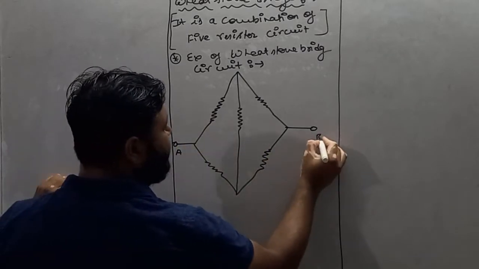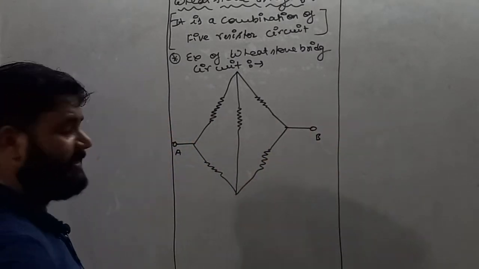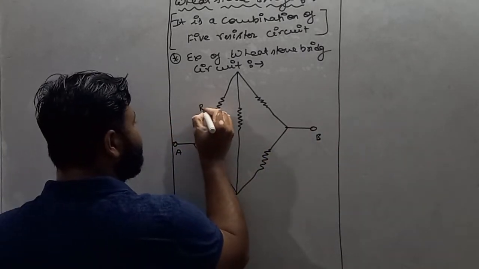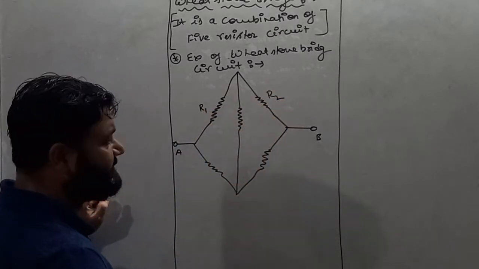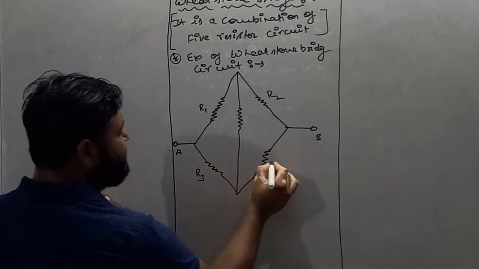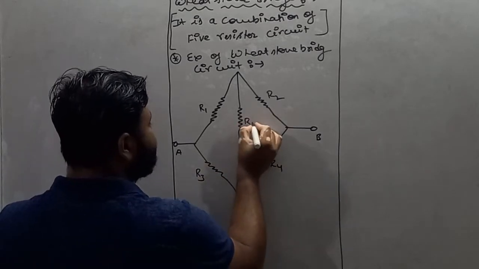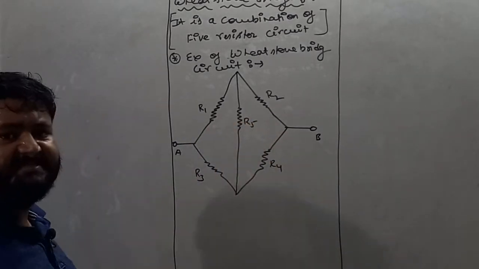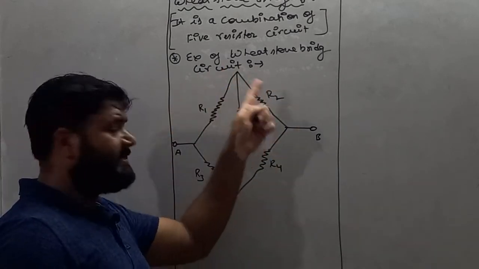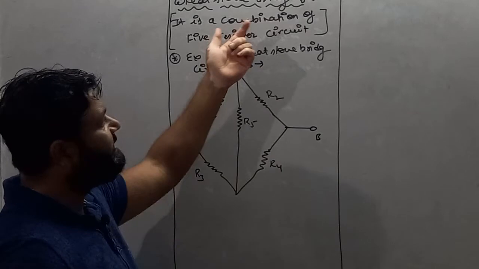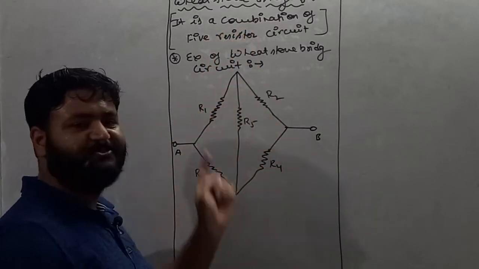Let's suppose this point is A and this point is B. Let's suppose this resistor is R1, this resistor is of resistance R2, this is R3, this is R4, and this is R5. Now we have 5 resistors. This circuit is considered to be a Wheatstone bridge, or Wheatstone circuit.